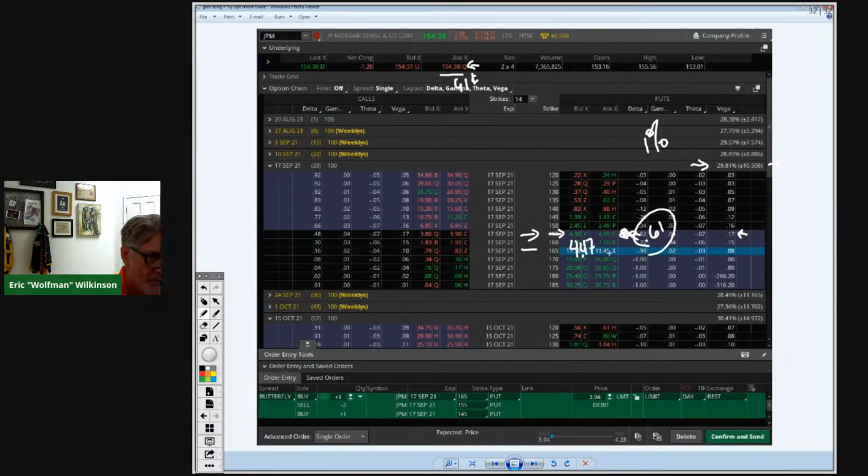And the offer would be 450. What did I say? 17 cents for... Sorry, 462 or something. So the rest is extrinsic value. So if I sell those two, I want all of that to be the extrinsic value I lose.